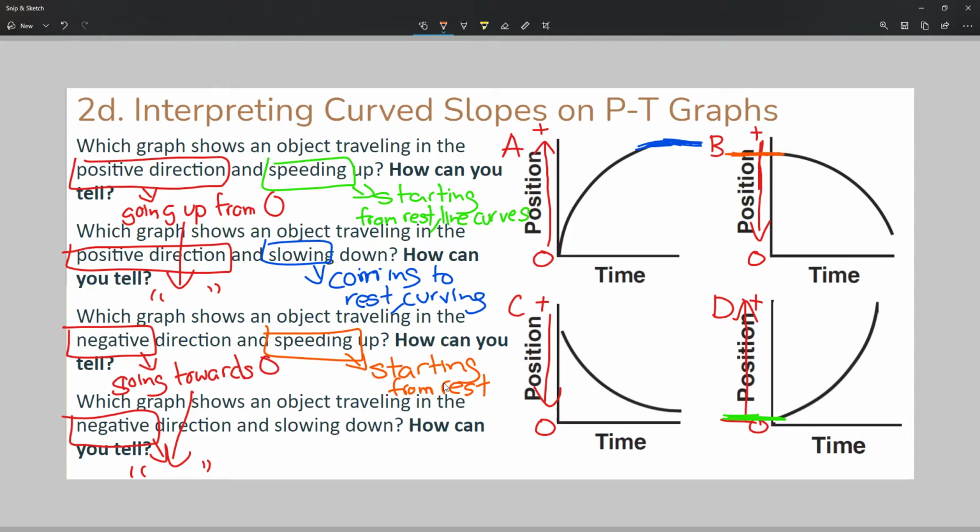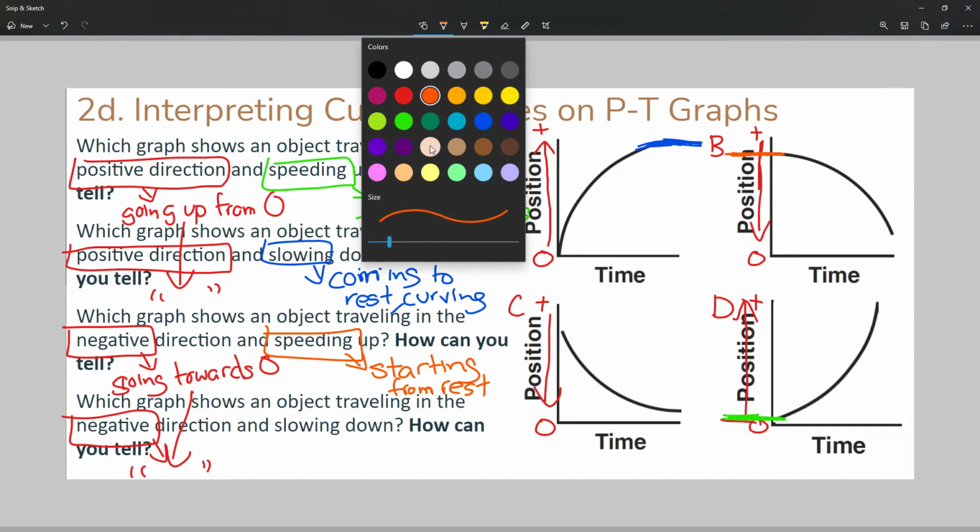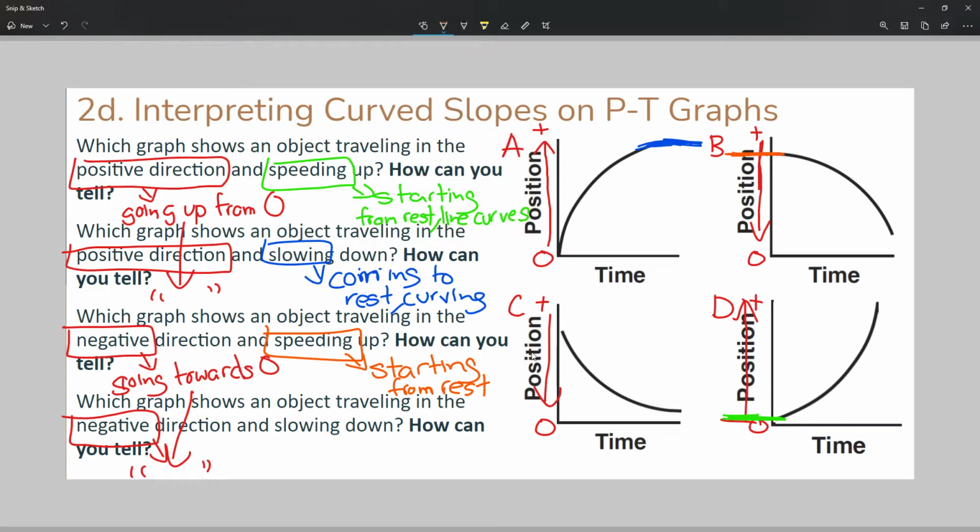And which graph shows you slowing down? Graph C shows you slowing down, because you see it's coming to rest. So this one's C, this one's B, this one's A, and this one's D, right?